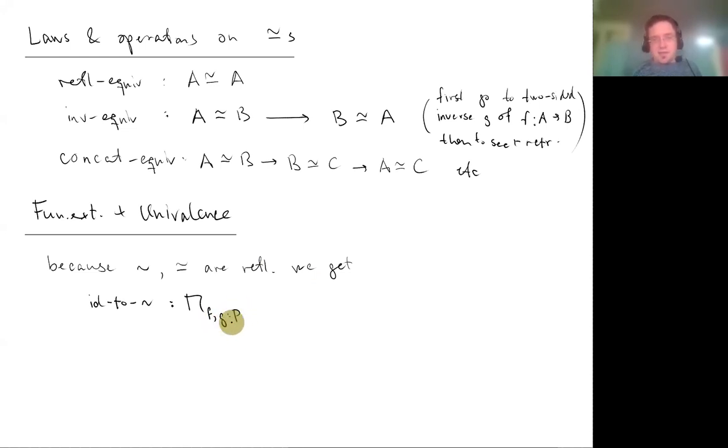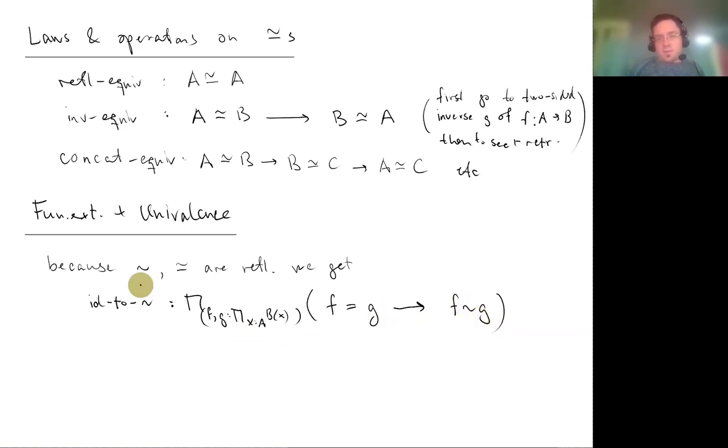Let's say P is still the pi type, say pi x in A, B of x. Let me just spell it out. So for every f and g, you have a map from the type of equalities or identifications from f to g to the type of homotopies. By path induction, it suffices to give a homotopy from f to itself, and we have the reflexivity homotopy.